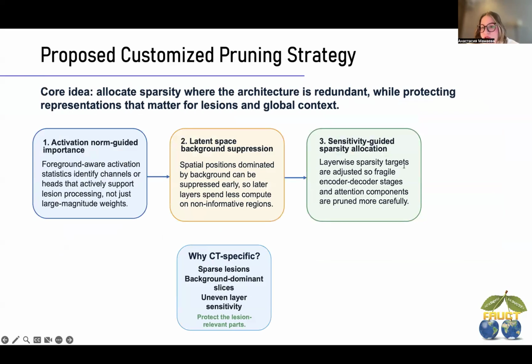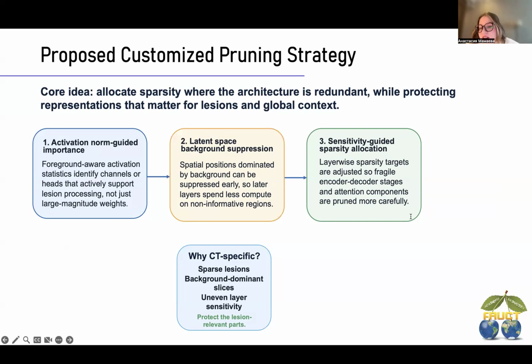Our main contribution is a customized pruning strategy designed specially for this lung CT pipeline. The first part is sensitivity-aware layer-wise sparsity allocation. Instead of pruning all layers in the same way, we estimate how sensitive each layer is. Then we apply less pruning to the most important parts of the network. The second part is activation norm-guided importance scoring.